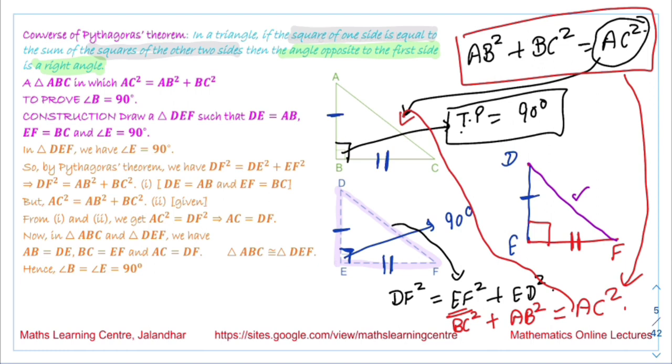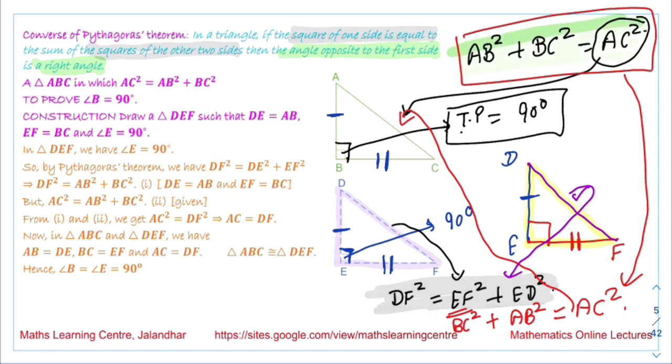So when we are drawing this triangle DEF, we have drawn it as a right angle triangle. So because of the Pythagoras theorem, DF square is equal to EF square plus ED square.